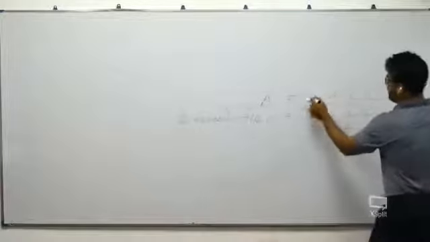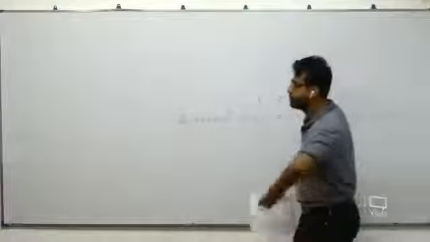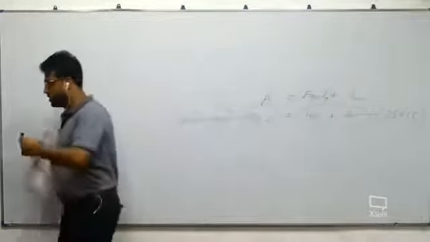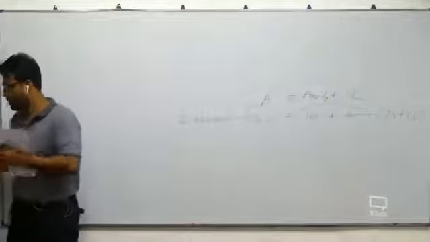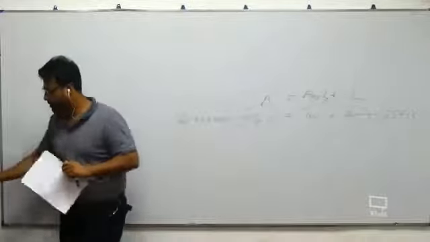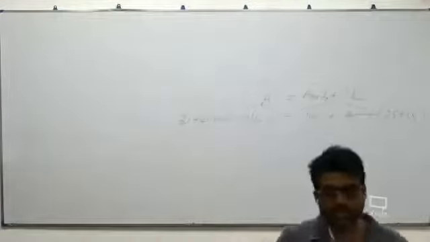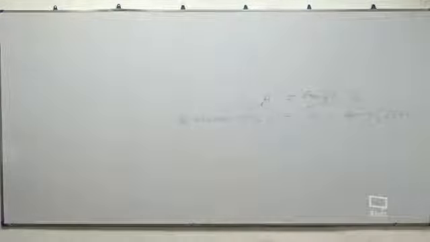Guys, is it equal? Tell me, assets equal equity plus liability. All the students tell me whether it is equal. Opening assets are equal to opening capital plus opening liability.